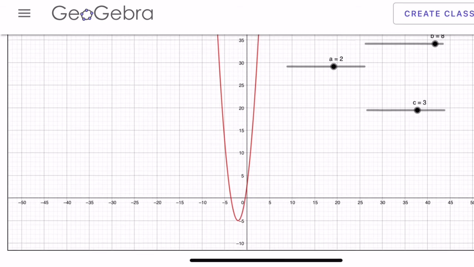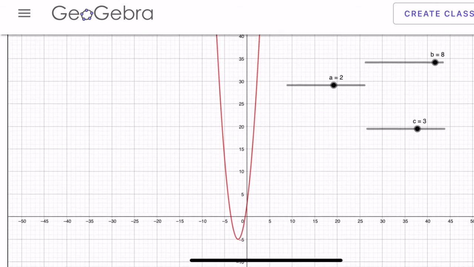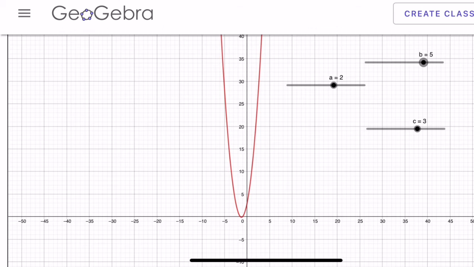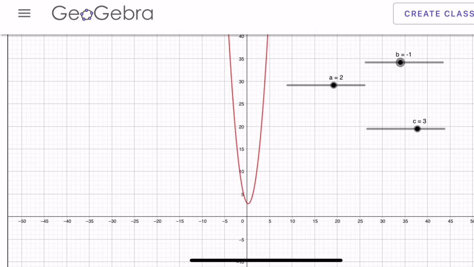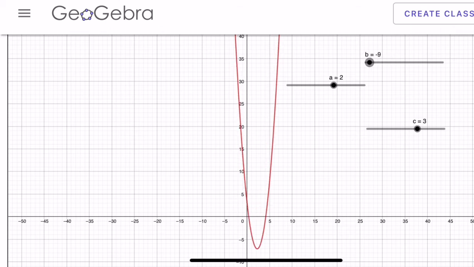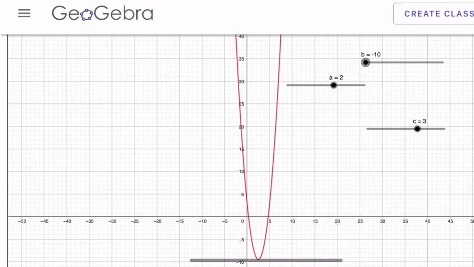I want you to observe what changes when I change the value of b to 10. B is 5. When I change to negative 1 and negative 5, the graph goes to the right, the opposite direction. When I go to the left, the graph will go to the right of the y-axis.